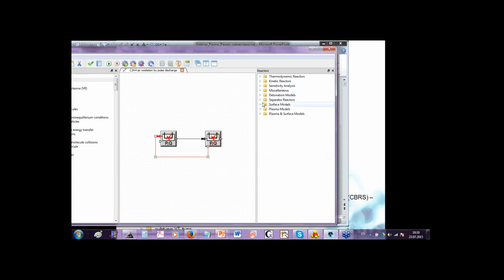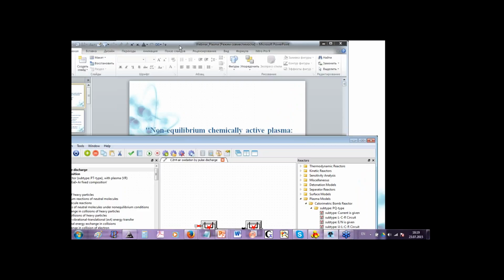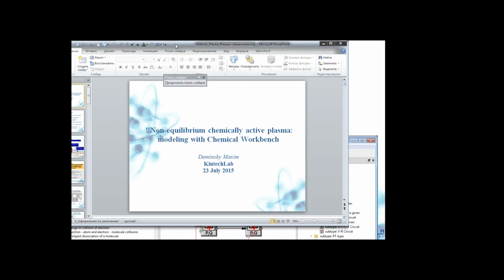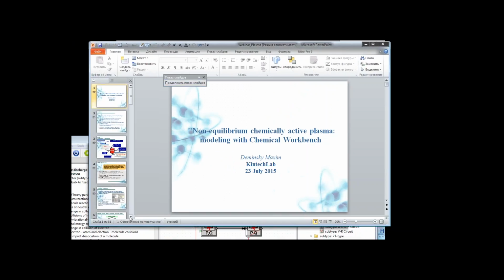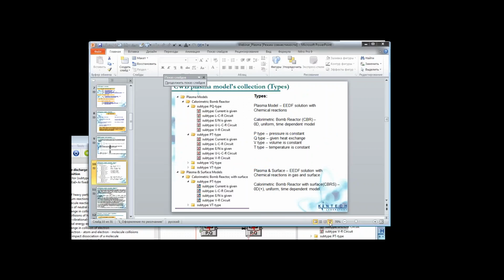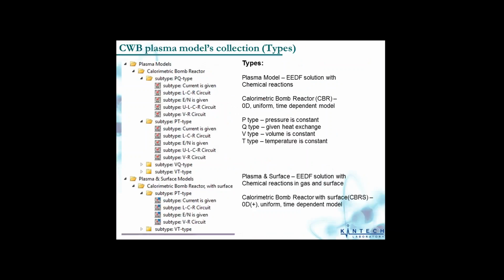If we're looking for the plasma models, you see there are many types and subtypes of the model which can be used. Okay, so what happened with my presentation? Let me return to this slide.